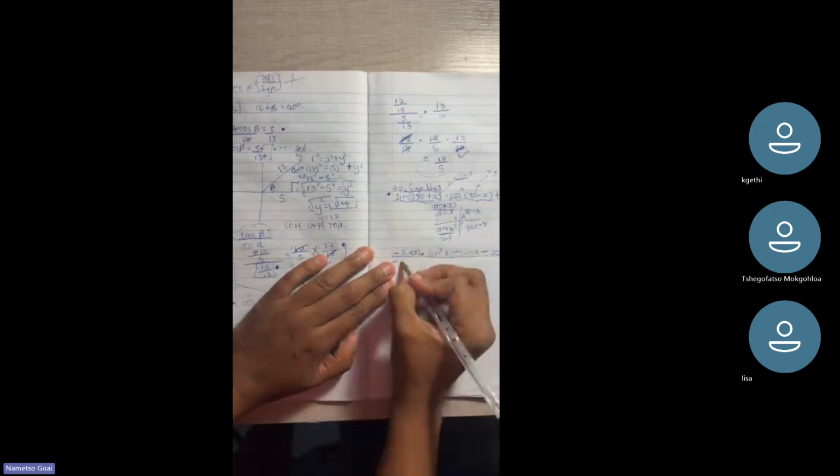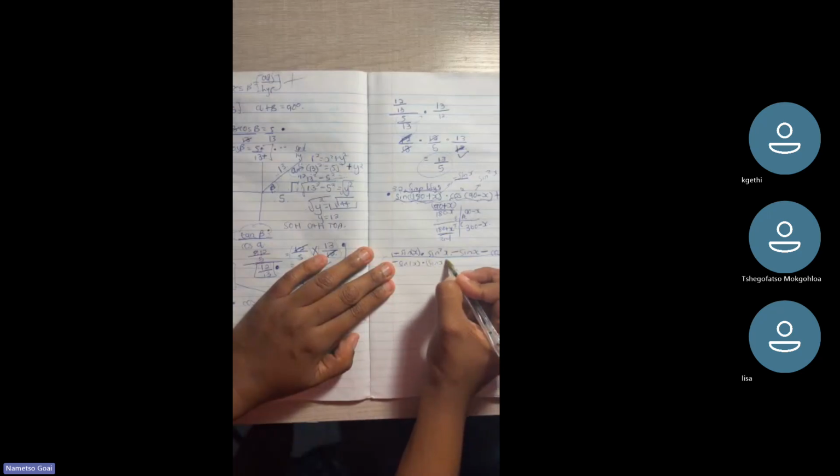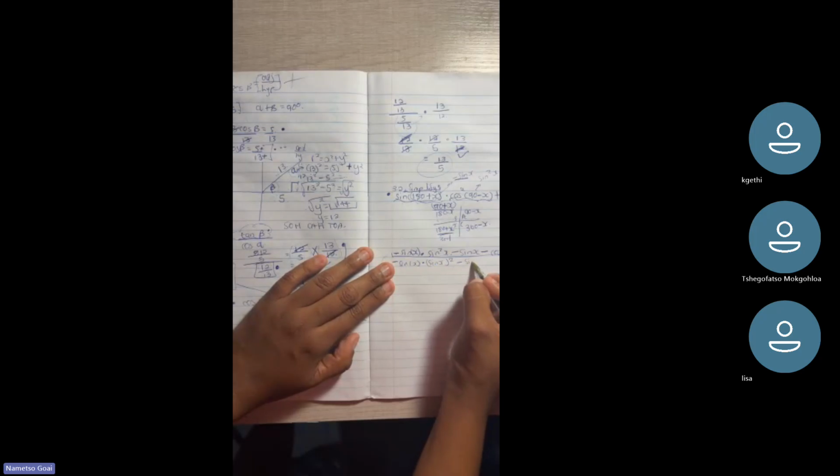We have negative sine of x multiplied by sine x, all in brackets squared, minus sine of x minus cos of x, close bracket squared. Sorry about this. Then from this, we can see that from both functions, we have a common factor.